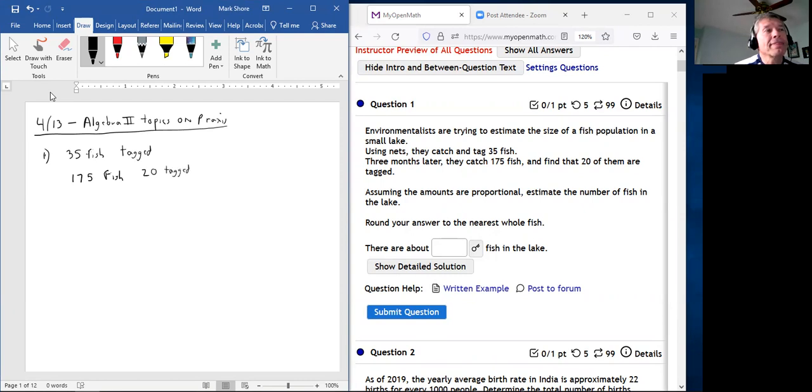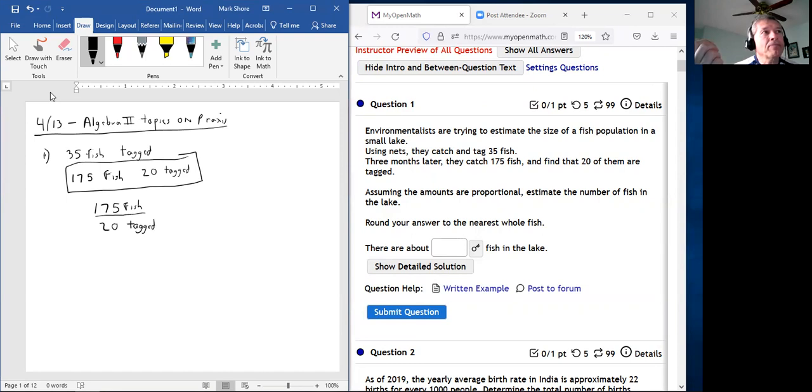So the way you do this is setting up a proportion of sample tagged to sample amount of fish. I'll show you. So for example, in this lake, they sampled out 175 fish and 20 were tagged. That's a little proportion we can get real quick.